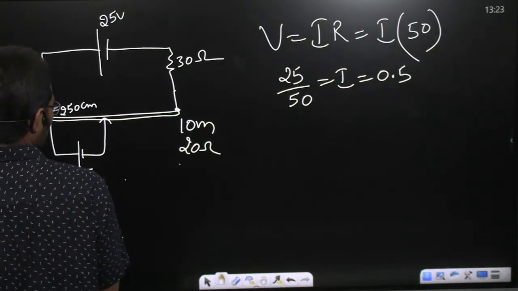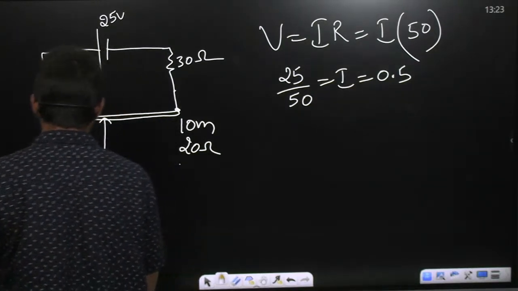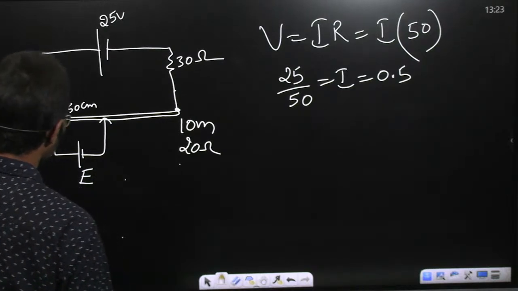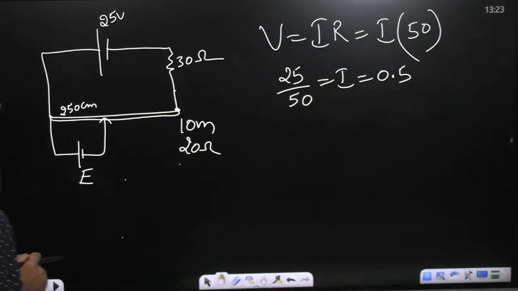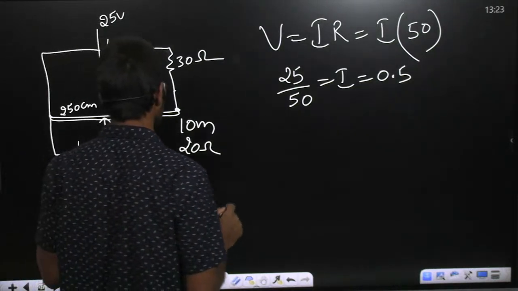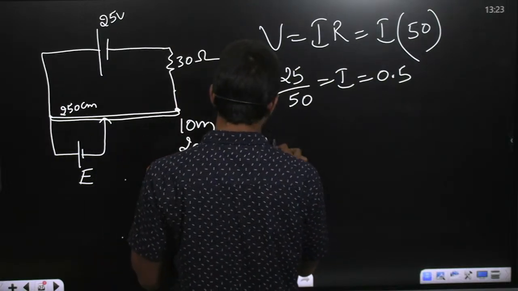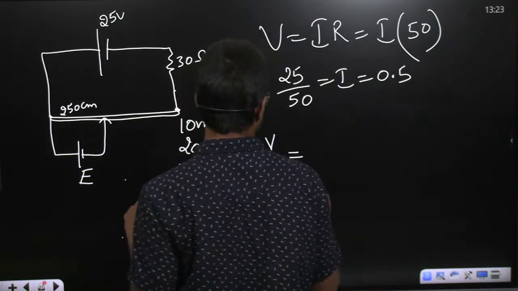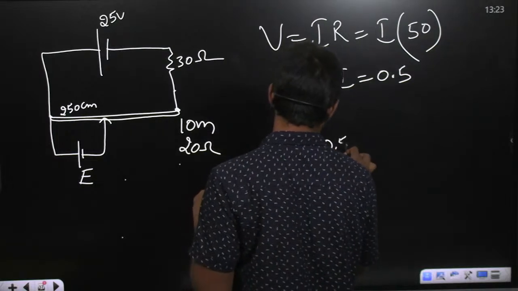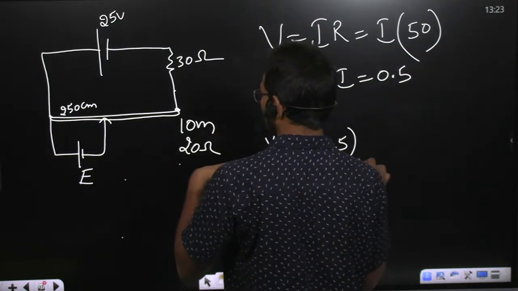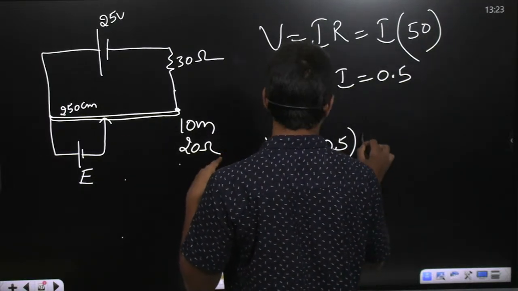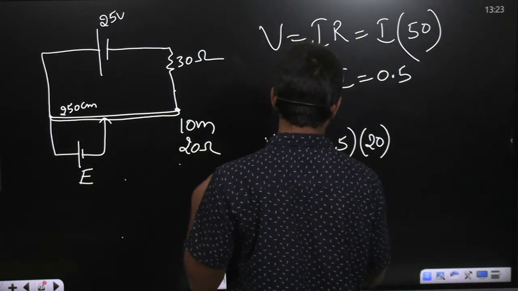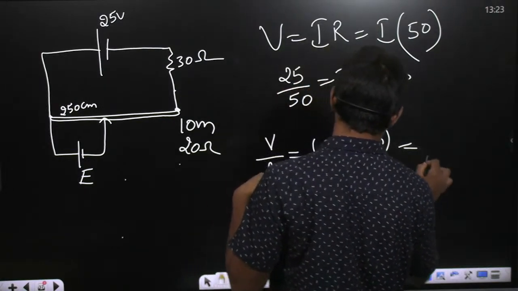So what is the potential drop across this 250 centimeter length? First, let us find the potential drop per length along the potentiometer. V is equal to IR, 0.5 into R. What is this R? 20 by 10, right?